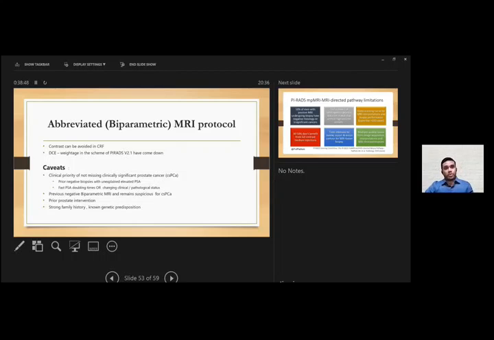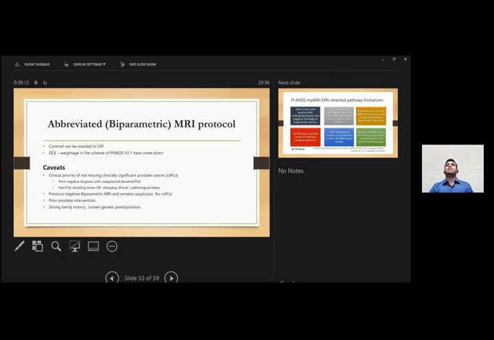Also, if previous imaging was a biparametric MRI, then the next imaging he should undergo is ideally a multiparametric MRI, which includes injection of contrast. In case of prior prostate intervention and strong family history also, it is recommended that we do a multiparametric MR.